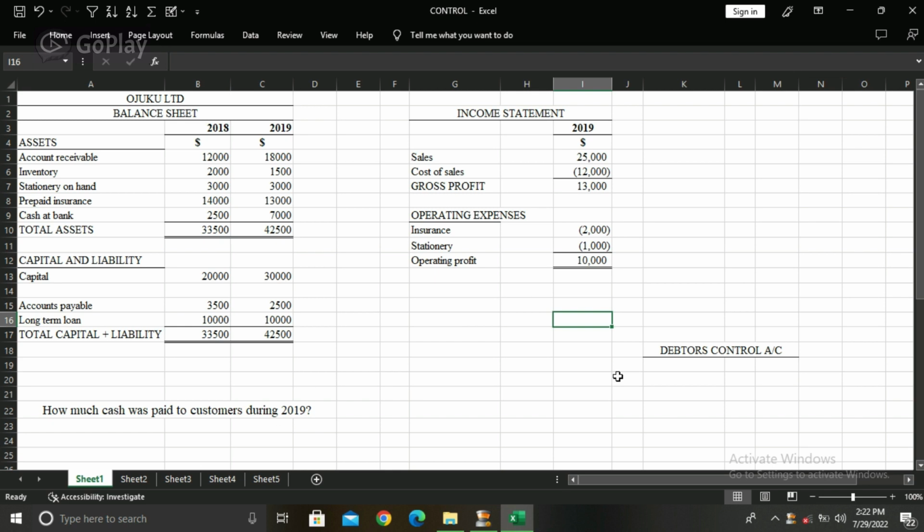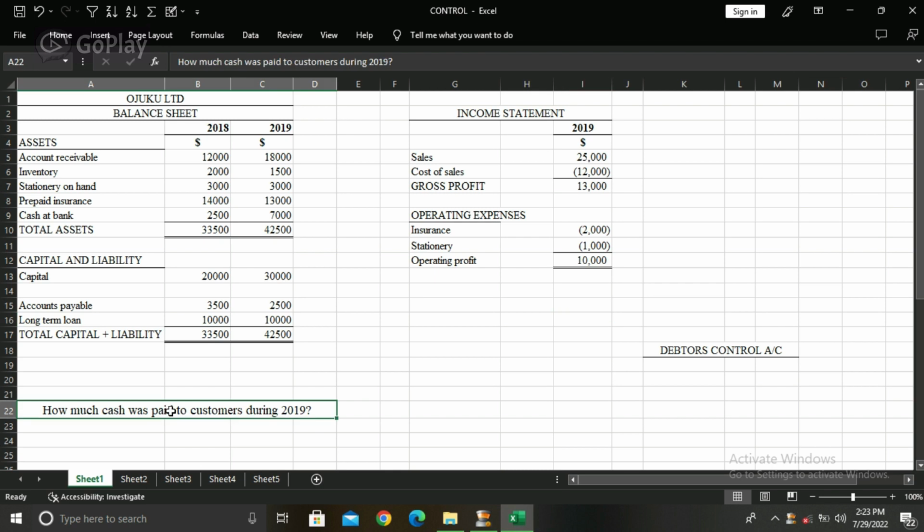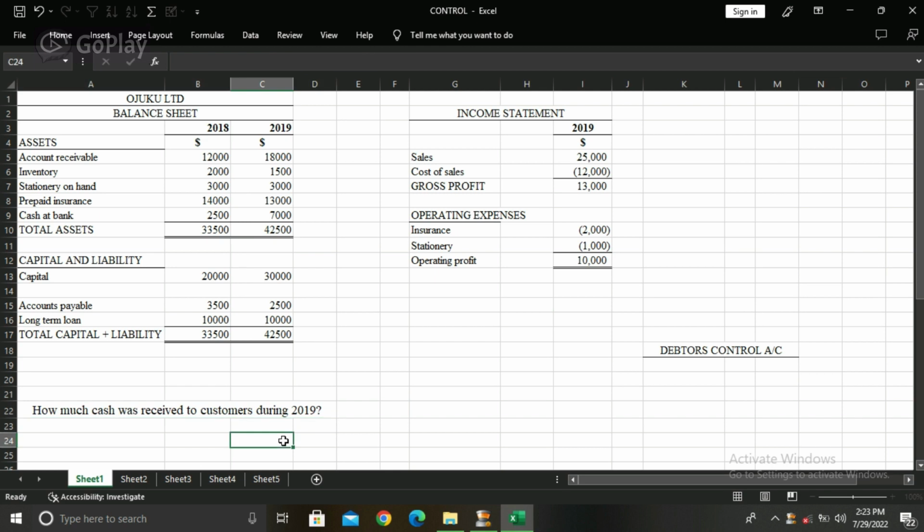They are people that are owing us money. Okay, so it's not paid, sorry, it is received. How much was received from customers during 2019, not paid as was initially stated? So how much was received from our customers during 2019?